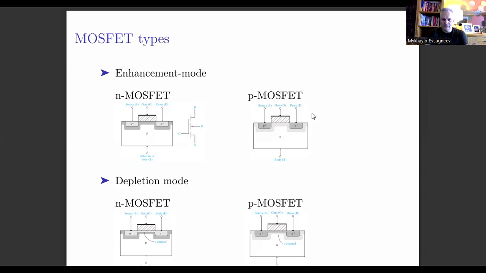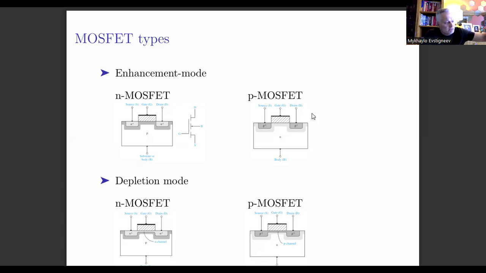Also, apart from the sign of the charge carriers in the inversion layer, MOSFETs can be of either enhancement mode or depletion mode. And these words tell you whether or not you need to apply voltage to the gate in order to create the inversion layer.